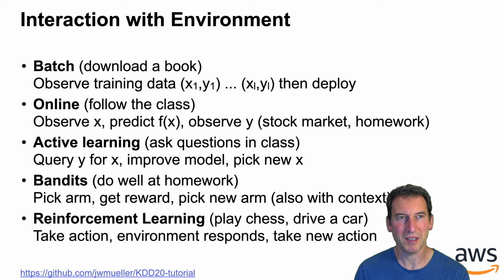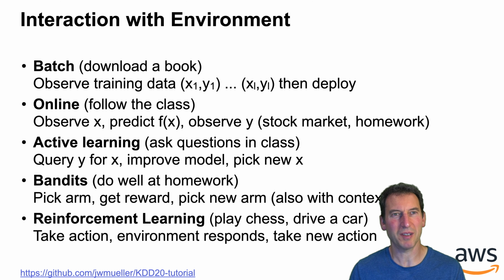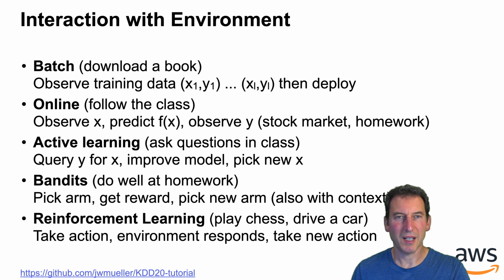So you might, for instance, download a batch while you observe the training data, then you go and deploy. Online, if you take a class, you observe, you predict something, and then you do a new thing. So this is where you adapt your model based on the environment. You might even ask it to do something.